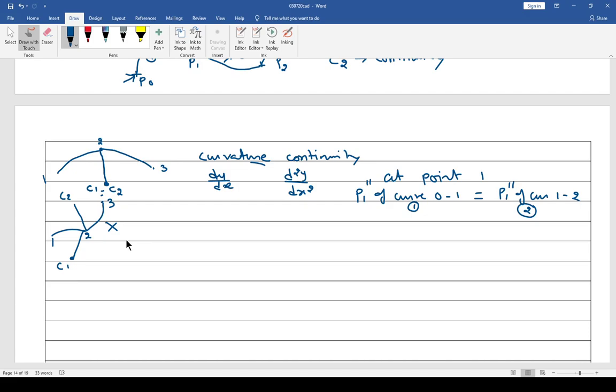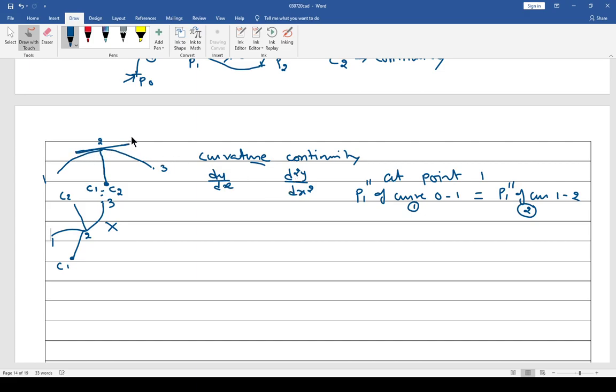If you want to achieve curvature continuity, what does curvature continuity mean? If I have a 1 2 curve whose instantaneous center is C1, and I have another curve 2 3, then for 2 to 3 the C1 should be the instantaneous center for the second curve also. If that is the case, I am achieving curvature continuity, or the same radii. So if I draw the tangent, the tangent will be the same because I am achieving second order continuity, that is C2.